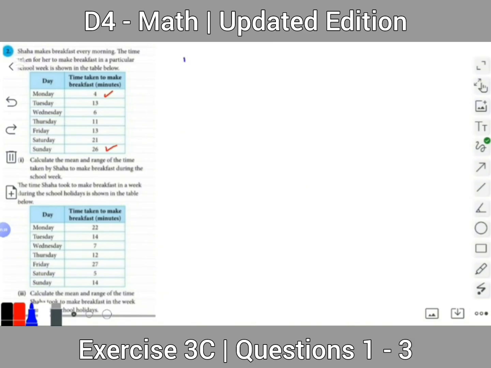So now in part 2, we have to find out the mean for the week during the school holidays.